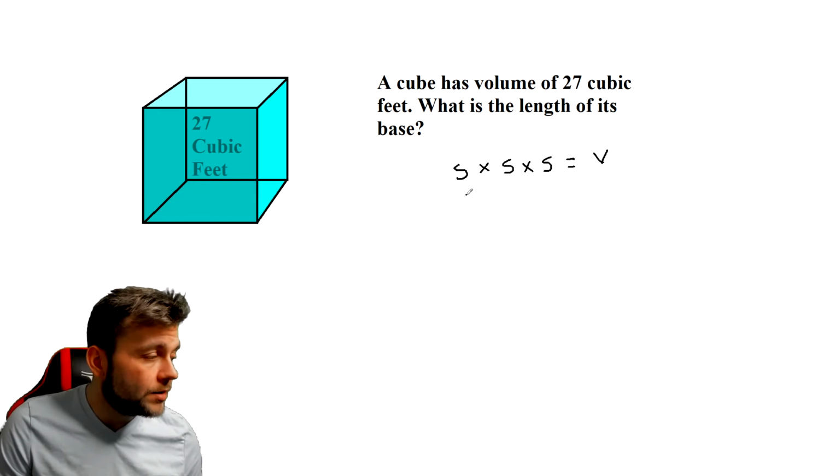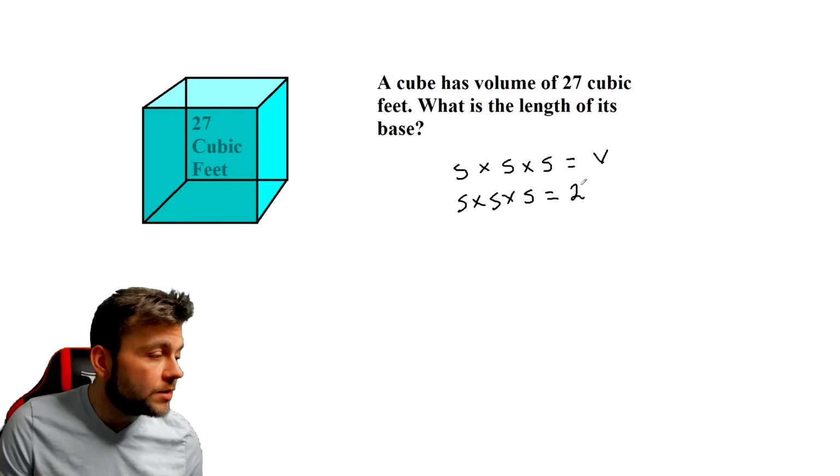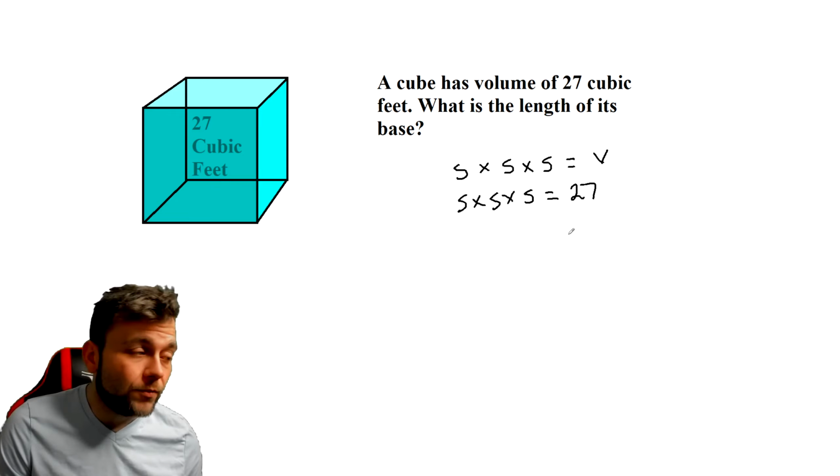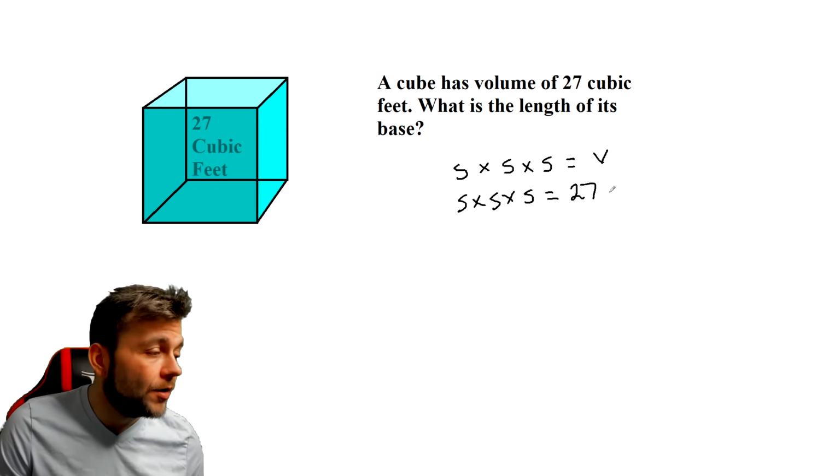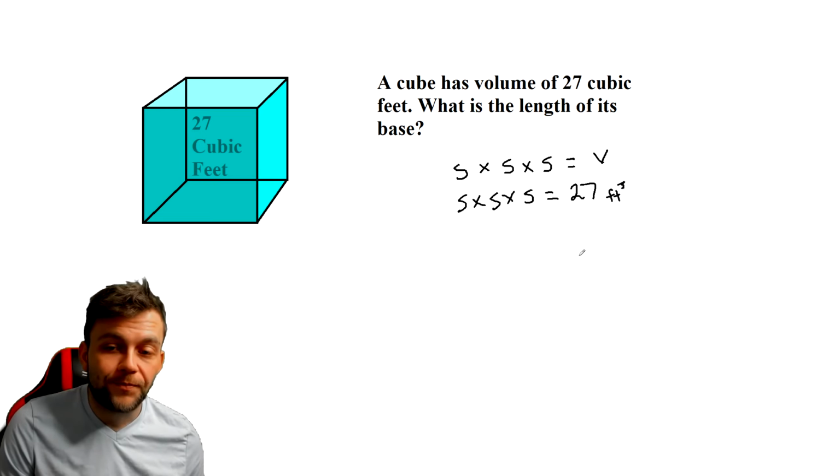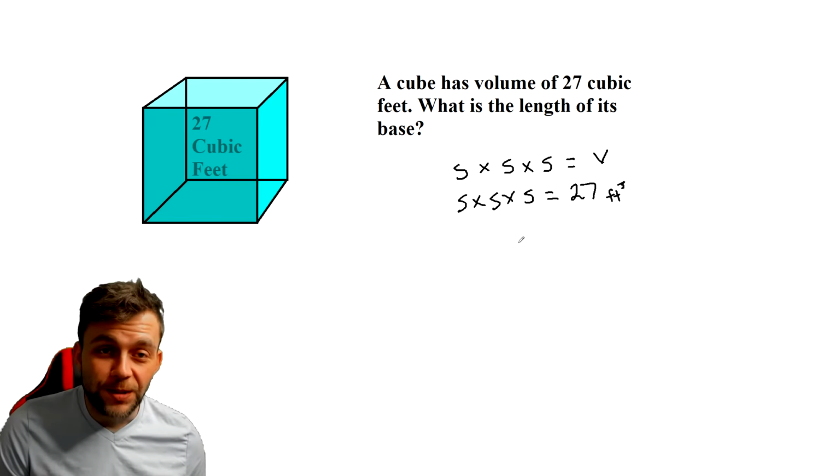So side times side times side equals 27 cubic feet. Don't forget your measurements, so 27 feet cubed. Okay, so what times what times what is 27?